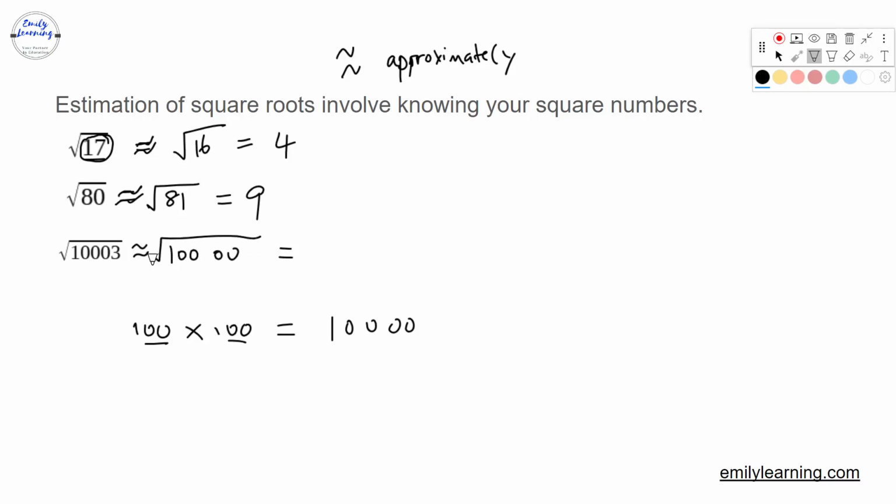Then when we square root 10,000, we know that it equals 100. So whenever we are doing an estimation for square root without using the calculator, we'll be doing it this way: look at what square number it is closest to, and then just round it off to it before we do the square root.